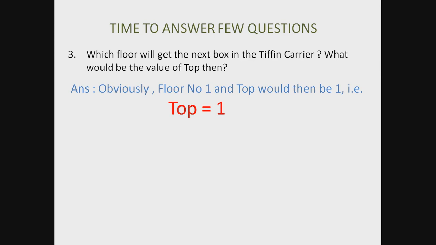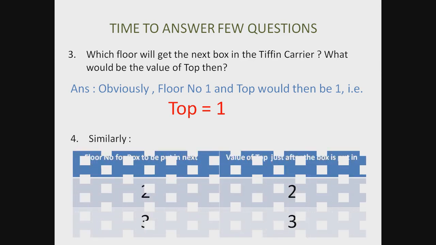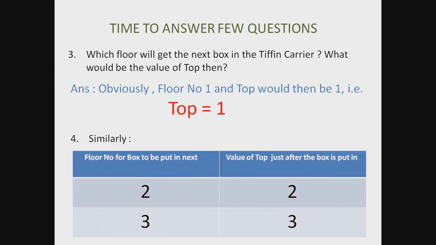Similarly, for the next few recurrences, we'll see that if a box has been put in floor number 2, the value of top would be 2. If a box has been put in floor number 3, the value of top would be 3. Similarly, in a Python programmer's list, when the next value after 1 is put, it would be put at 2, so top would be 2.